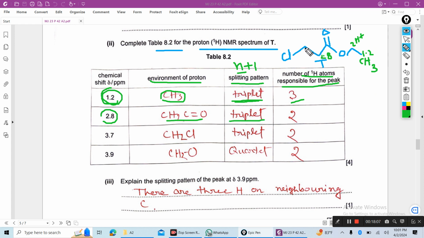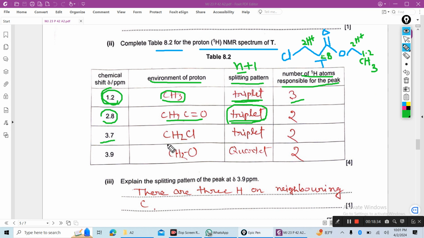Why? Because there are 2 neighboring protons, so by the n plus 1 rule it will be 2 plus 1, 3 peaks, a triplet. 3 peaks is known as a triplet. The number of protons responsible for this peak is 2, as this CH2 means 2 hydrogen.